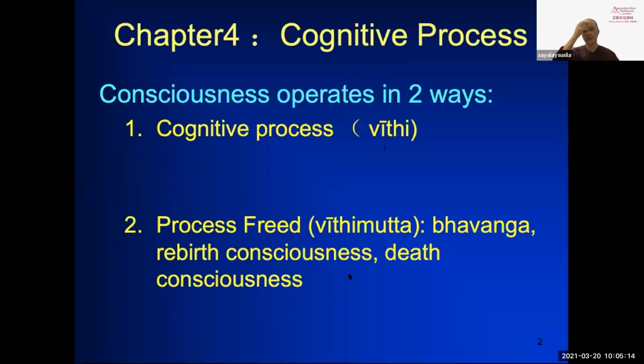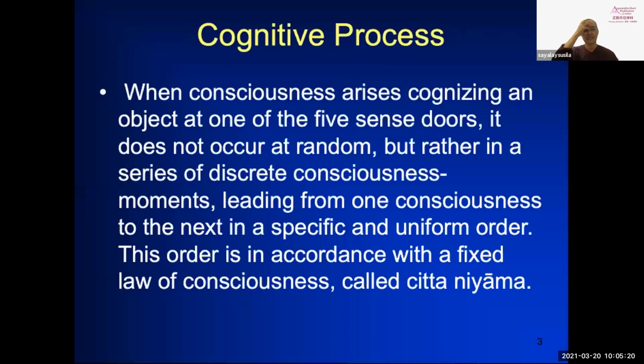Okay, so what is cognitive process? Viti. When consciousness arises cognizing an object at one of the 5 sense doors, meaning the eye door, ear door, nose door, body door, and tongue door, it does not occur at random, but rather in a series of discrete consciousness moments, leading from one consciousness to the next in a specific and uniform order.